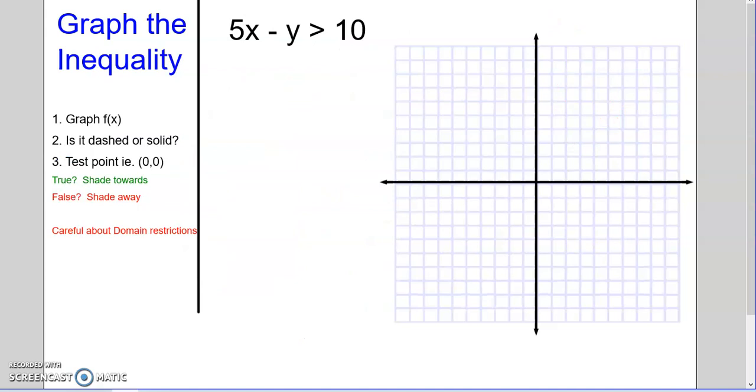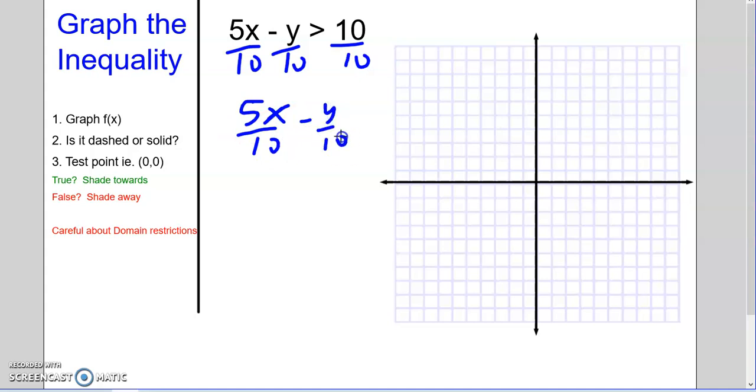Okay, then let's graph this inequality. We have 5x minus y is greater than 10. So this is a line, it's written in standard form. I can divide everything by 10 and end up with 5x over 10 minus y over 10 is greater than 1. And I can replace this 5 over 10 with 1/2, so that is x over 2.